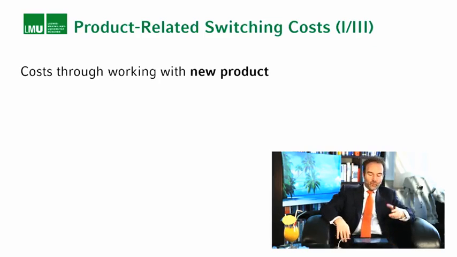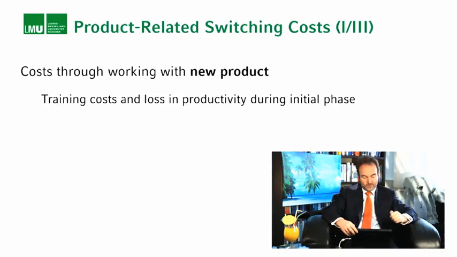Let's now get to product-related switching costs. And those are costs that you incur through working with the new product. Okay, so this is not about the relationship. It's not about switching as such. It's about working with the new product. So first of all, there may be training costs, and there may be a loss in productivity in the initial phase, right? So you have to learn how to use a new type of computer.